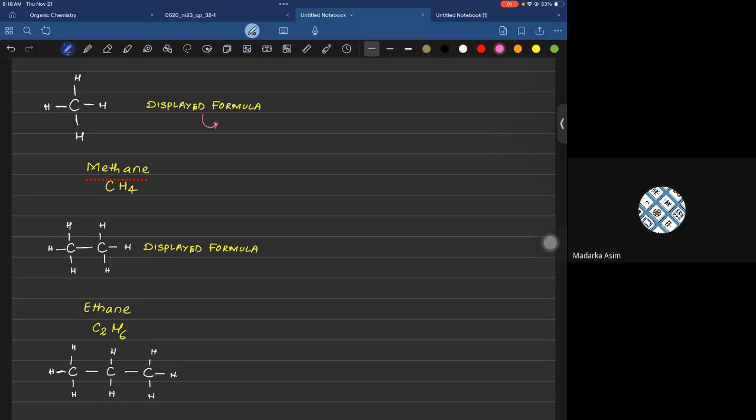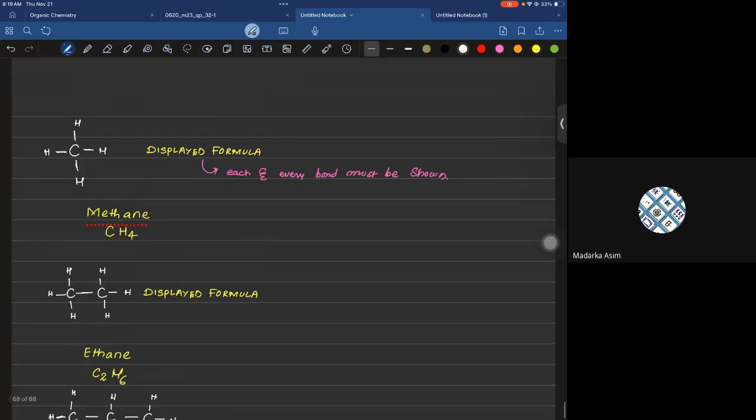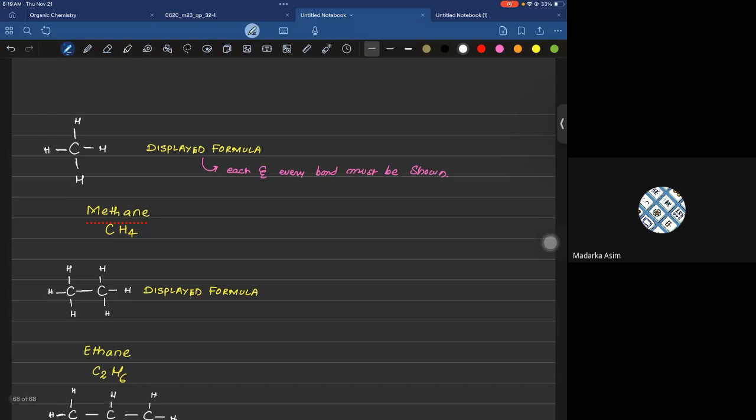In this formula, each and every bond must be shown. There is another formula. I can also represent this methane in this way. As you can see, this is CH4.